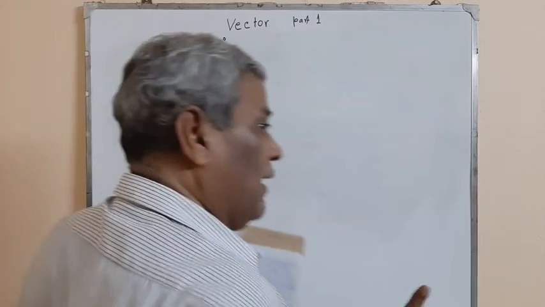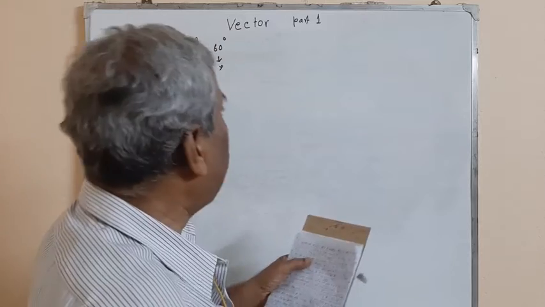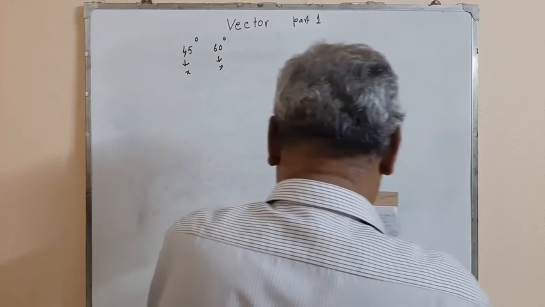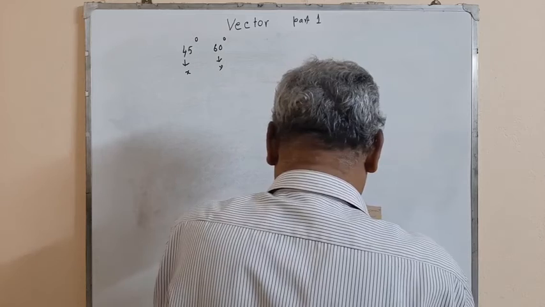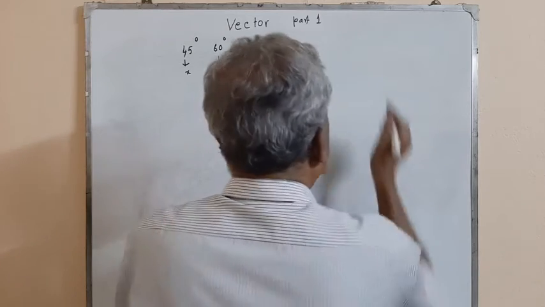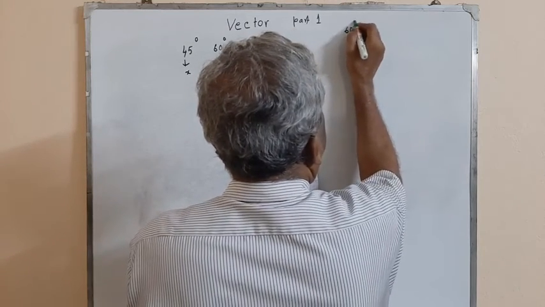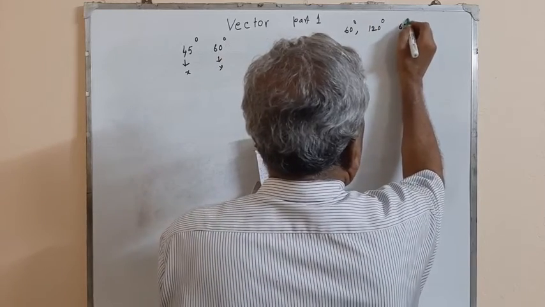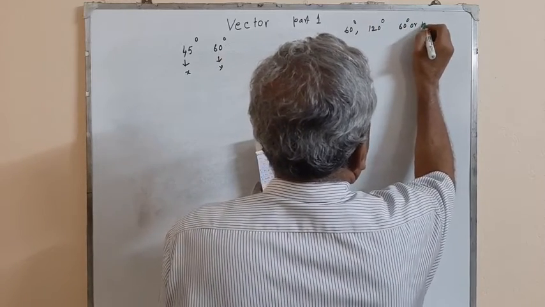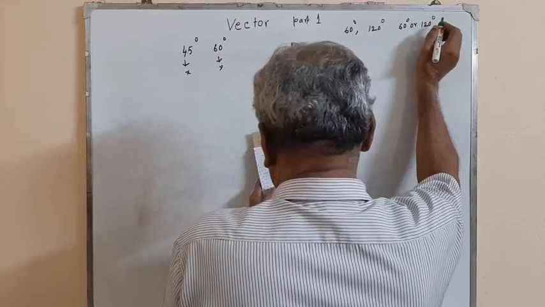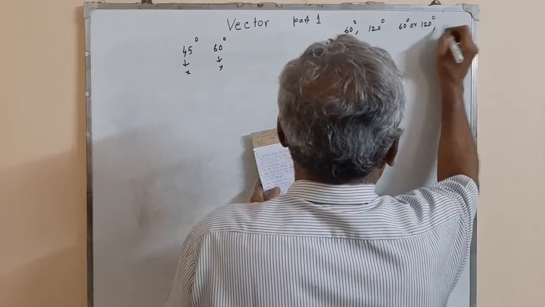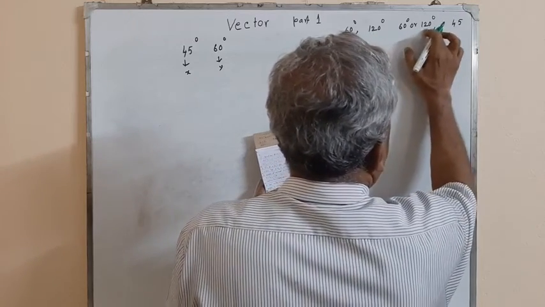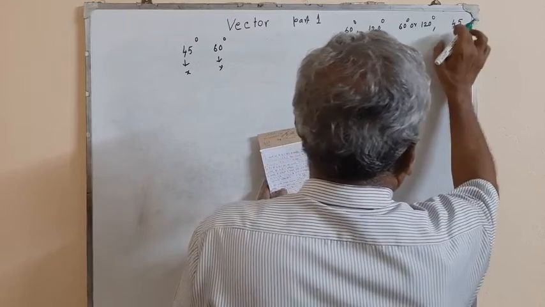We have to find the angle which the vector makes with the z-axis. Options are 60 degrees, 120 degrees, 60 degrees or 120 degrees, and 45 degrees. Answer is either this or that, or this together, or this.